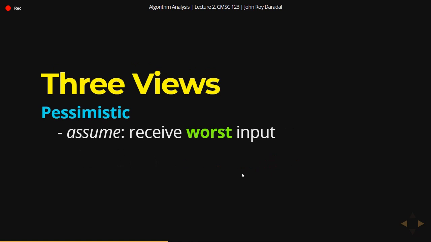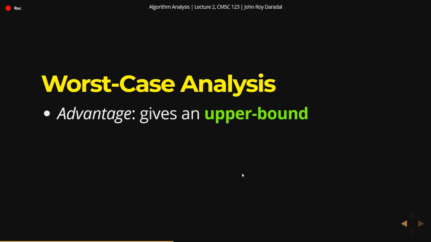The last one is the pessimistic view, wherein we assume that we'll receive the worst type of input. And doing so, we'll get the maximum or the slowest time. And this is the view that we'll actually use. So we will use worst case analysis. So we will assume that we will receive the worst type of inputs.